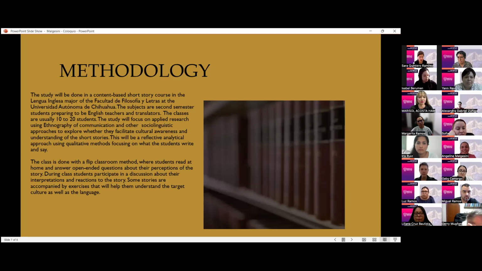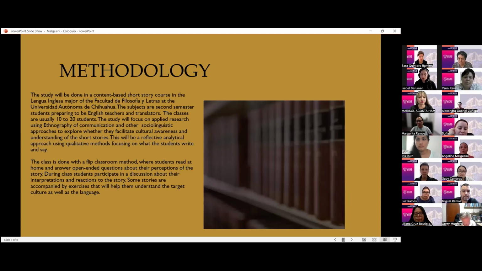The class is usually taught with reader response theory, but I would like to incorporate some of the readings I've been finding, like the ethnographic approach or some pragmatic or sociolinguistic approaches, to help the students understand the short stories better.